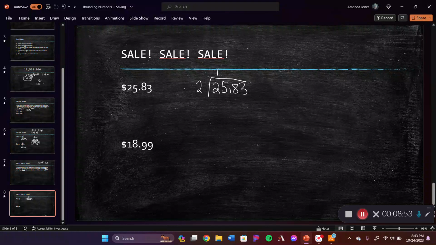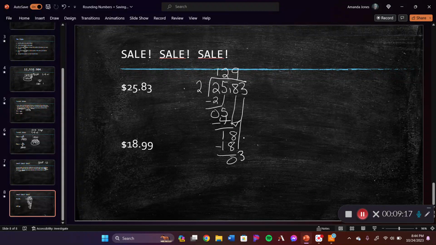I'll do the other one short division. 2 goes into 2 one time. 2 times 2 is 2. 0, bring down your 5. 2 goes into 5 twice. 2 times 2 is 4. That's 1. Bring down your 8. 2 goes into 18 9 times, which is 18. Bring down your 3. 2 goes into 3 once, minus 2.